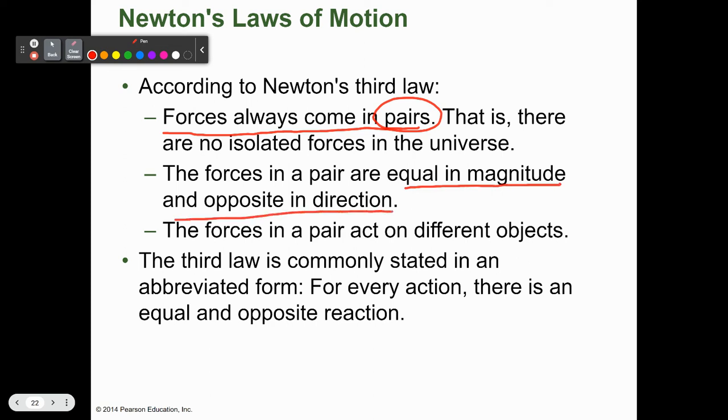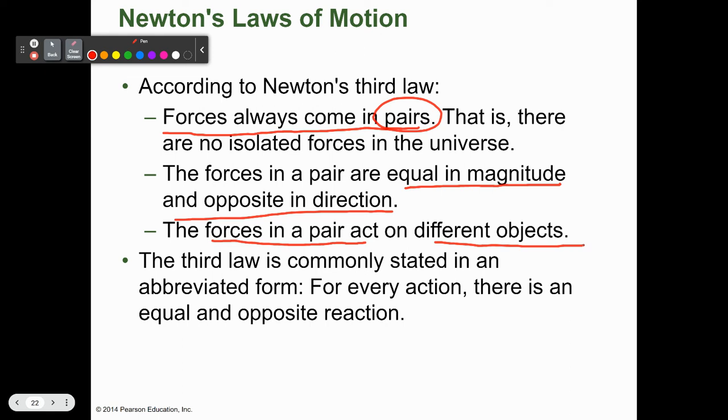The forces in these pairs, this is important to remember and write down, each act on a different object. So if we think back to our chair, the force of gravity is pushing on us, pushing us down. That would be one force in the pair.